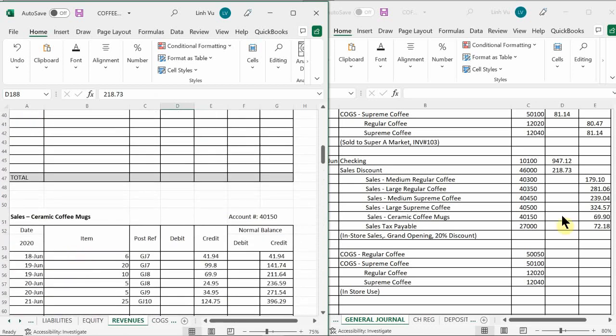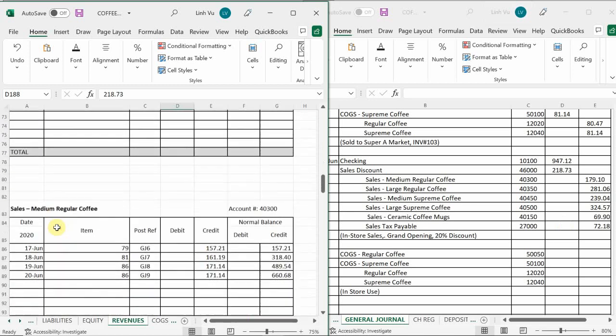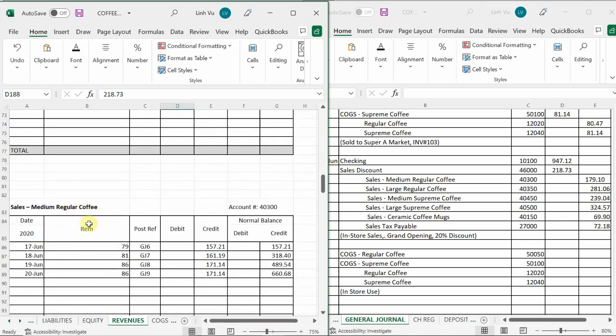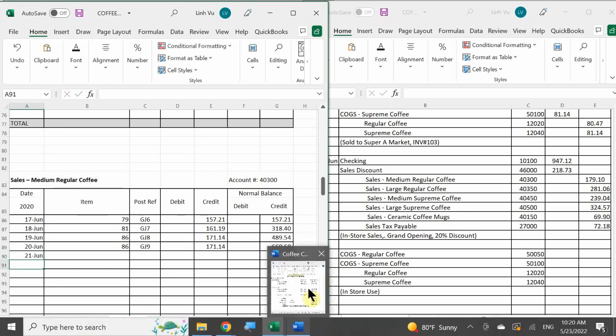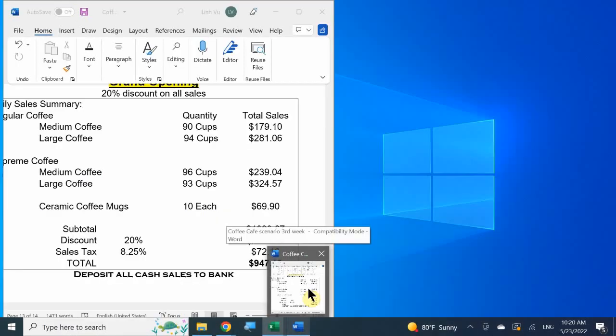Sales, medium regular coffee. How many cups did I sell? We sold 96 medium regular coffee cups.